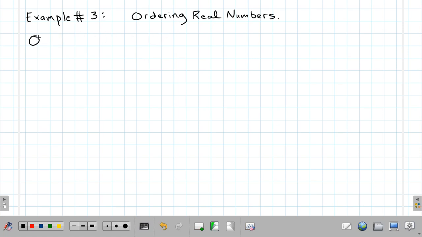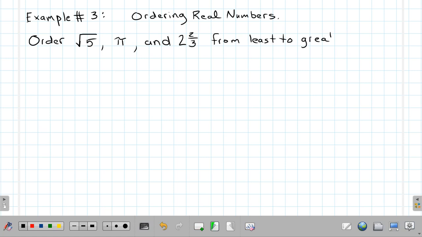So in this case, we're asked to order the square root of 5, pi, and 2 2/3, so a mixed number, 2 2/3, from least to greatest.